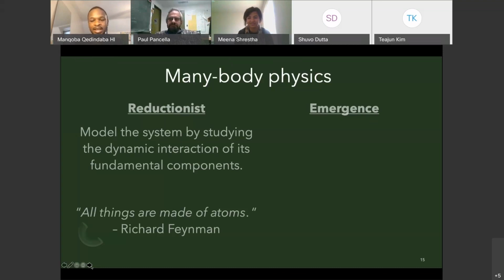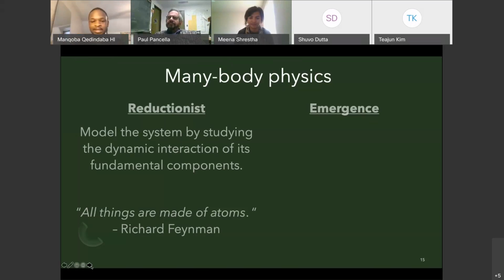What he's saying is that knowing the fundamental constituents of all what makes up the whole universe is very important. Many people have done research in this line of thinking: that if we know the fundamental constituents and we know how they interact with each other, we can then build on that.